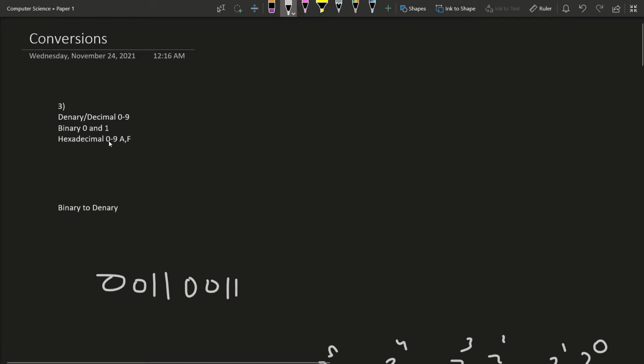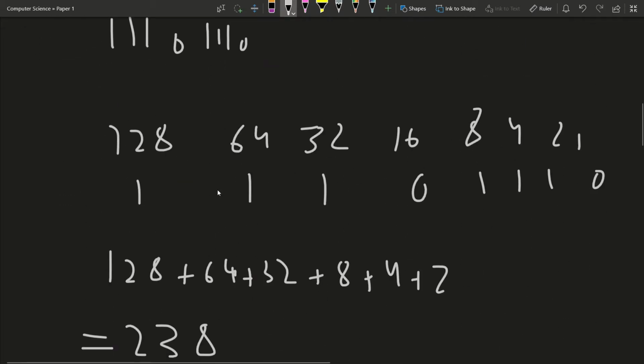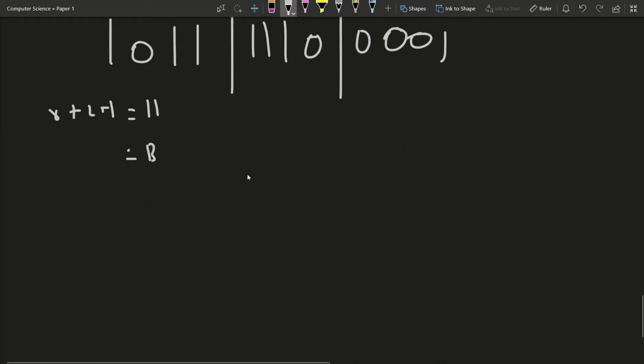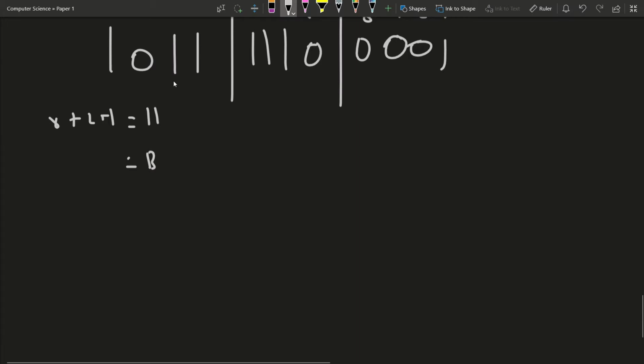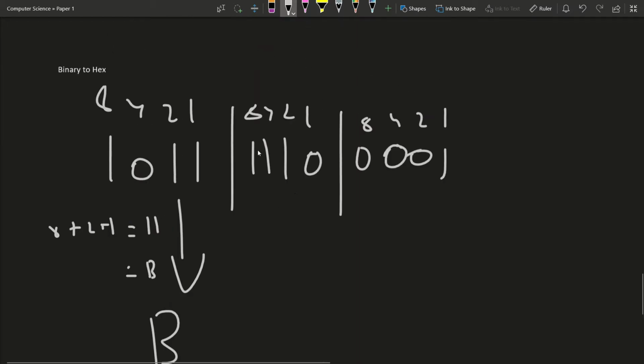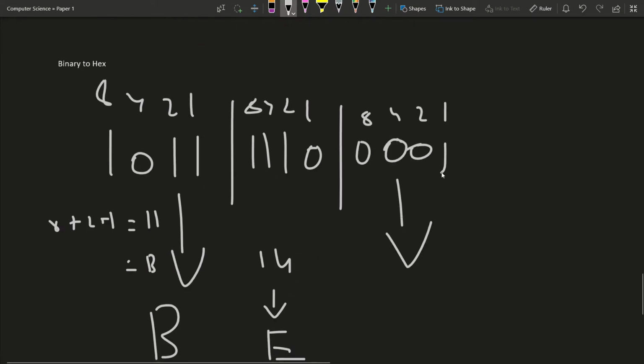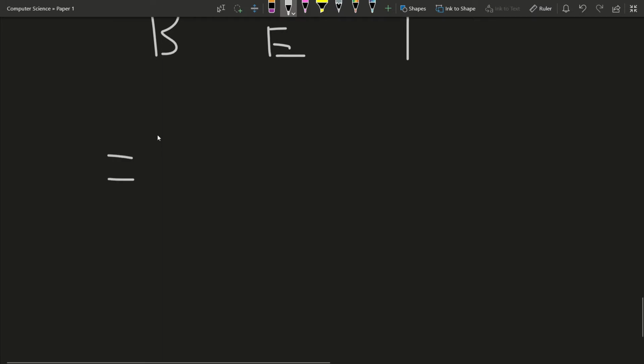In hexadecimal you have 0 to 9 and then A to F. So 10 is A, 11 is B, 12 is C, 13 is D, 14 is E, and 15 is F. So this is B. This next group is going to be 8 plus 4 plus 2, which is 14, and 14 is referred to as E. And then over here, it's just 1, so 1. So your answer is B, E, 1.